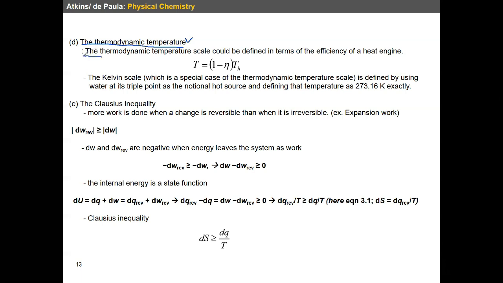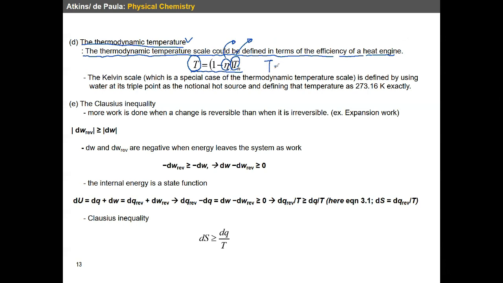The thermodynamic temperature scale can be defined in terms of the efficiency of a heat engine. Here this is the efficiency, and this is the temperature of the hot source. So the thermodynamic temperature can be defined like this.